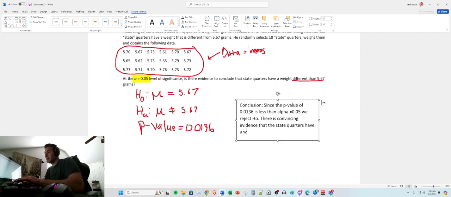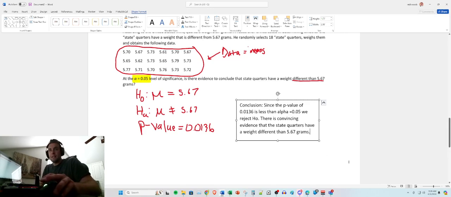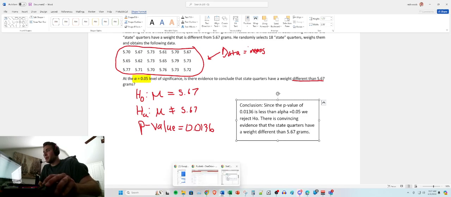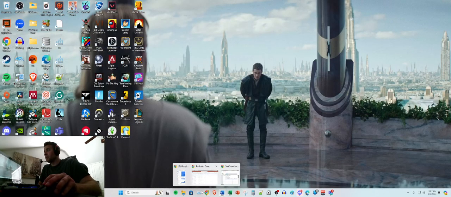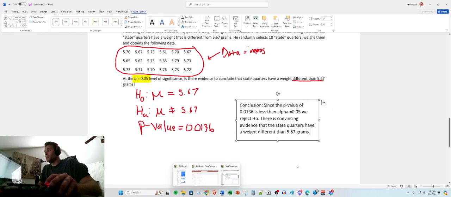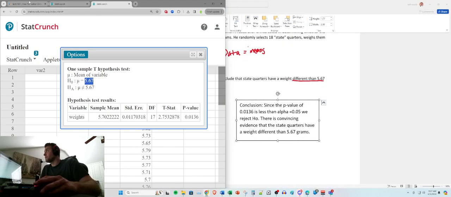Have a weight different than 5.67 grams. And that's it. That's how we do this. So we were able to answer both these questions, and really that's what you're going to be looking for to do on your MyOpenMath when you work through that.